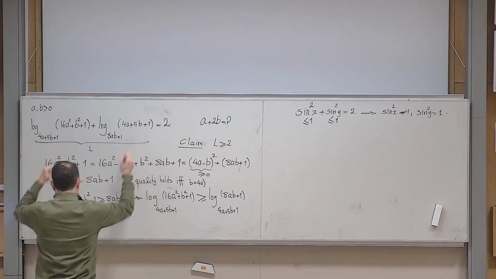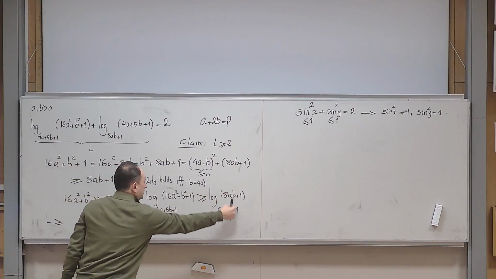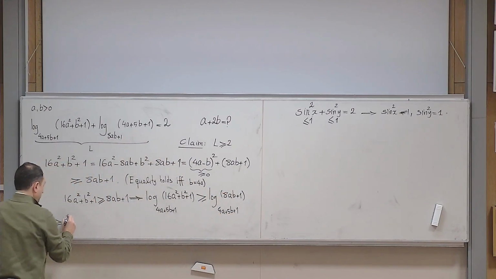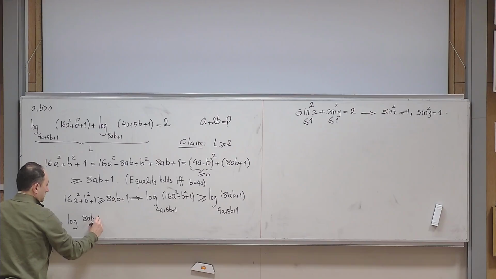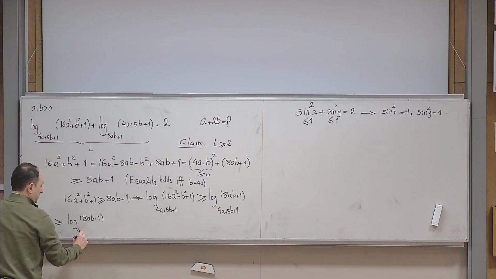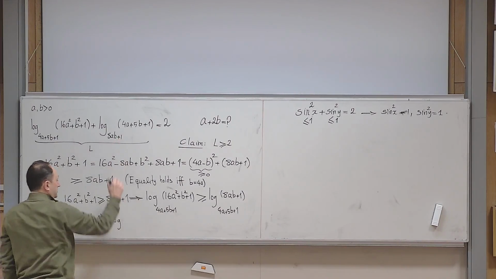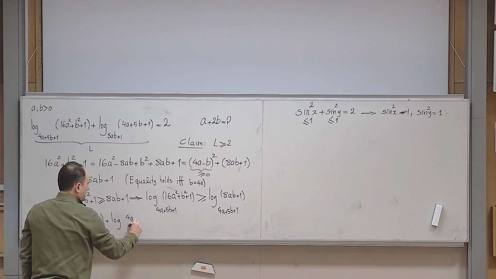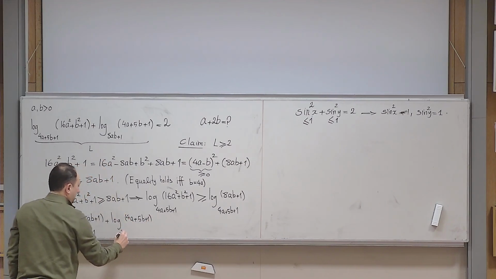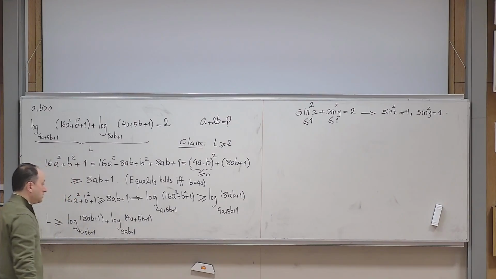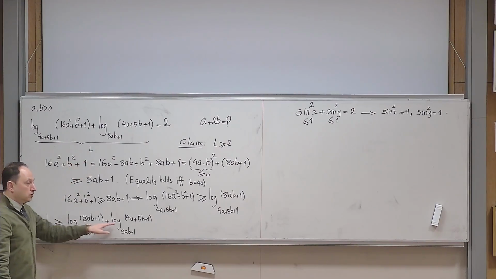So the whole L will be greater than or equal to this expression plus this expression: the logarithm of 8ab plus 1 to the base 4a plus 5b plus 1, plus the logarithm of 4a plus 5b plus 1 to the base 8ab plus 1. So far I was able to show that L is greater than or equal to this expression.